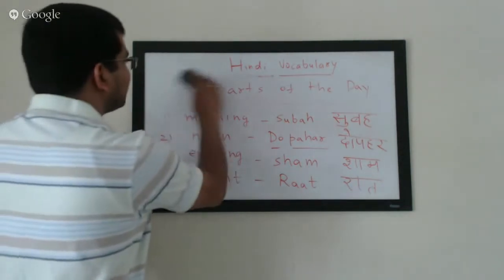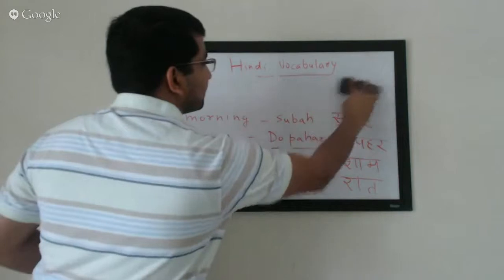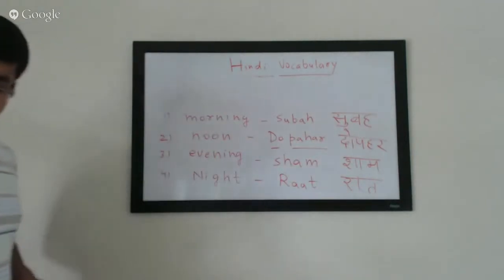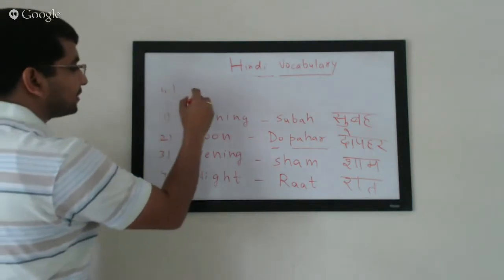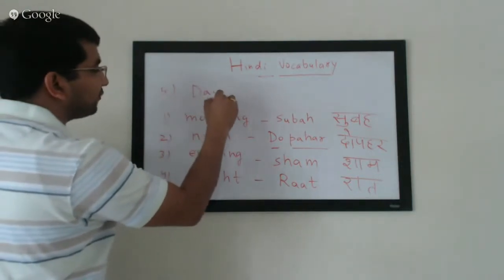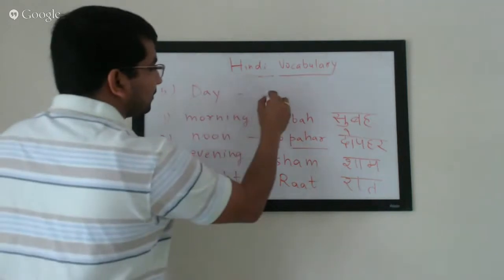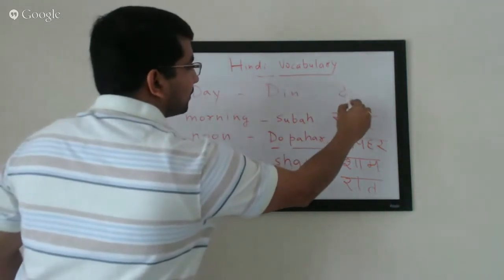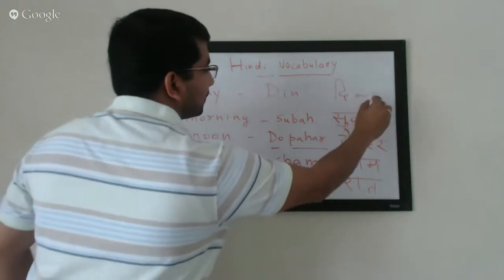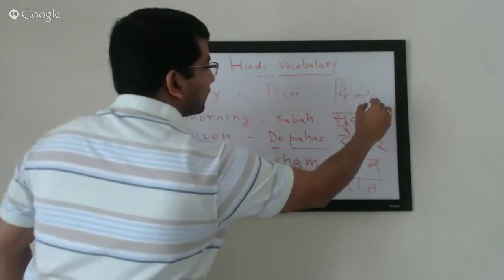I'll actually write down one more so that we complete all of them. The fifth one here is called din, which is day. A generic word for a day would be din.